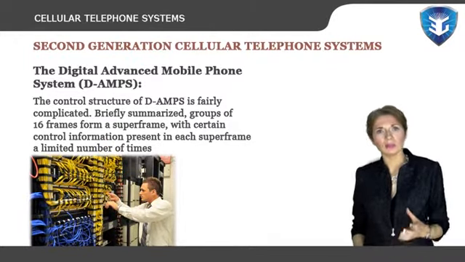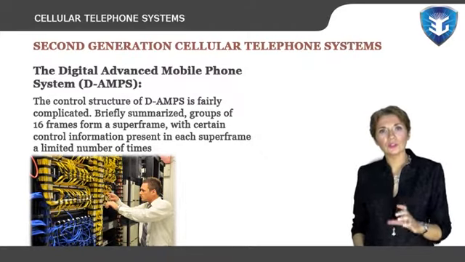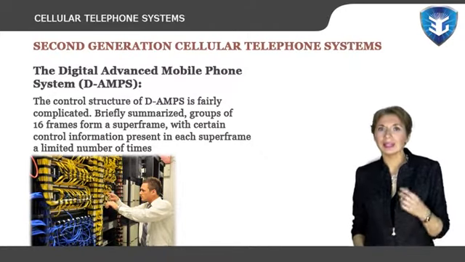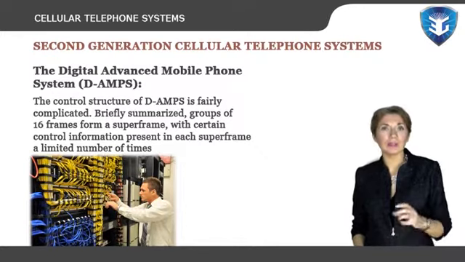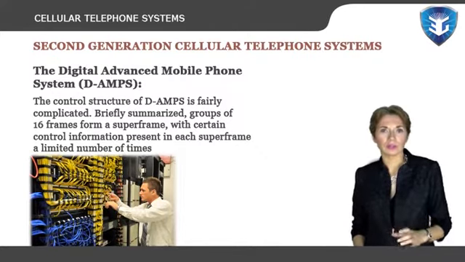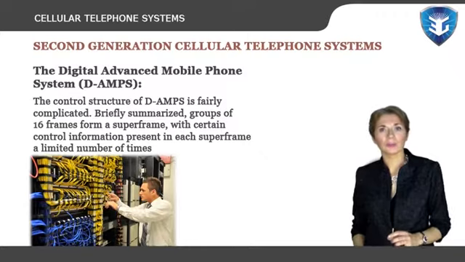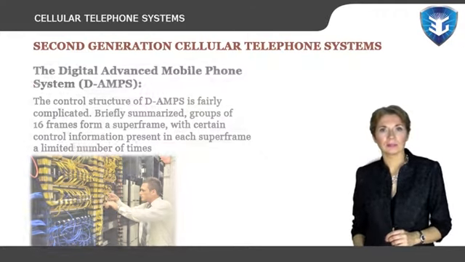Briefly summarized, groups of 16 frames form a superframe, with certain control information present in each superframe a limited number of times. Six main control channels are used: system configuration, real-time and non-real-time control, paging, access response, and short messages.